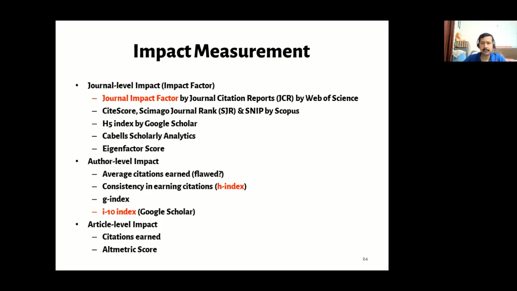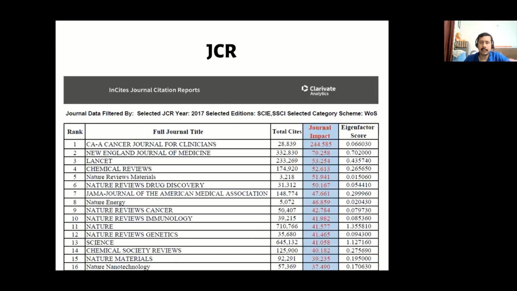So of these, I'll be taking up for illustration the journal impact factor, then the h-index, and the i10-index.